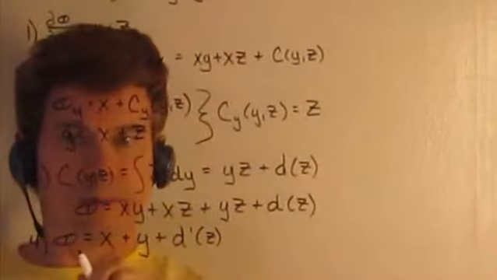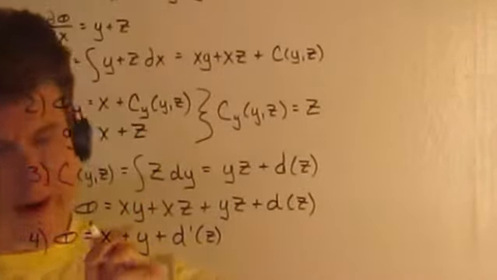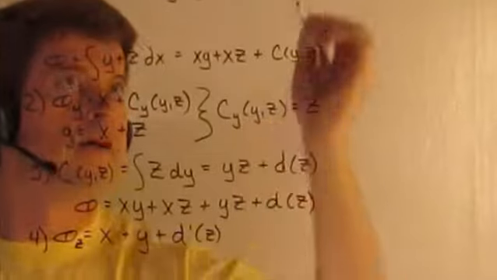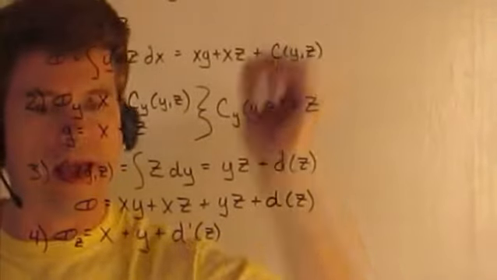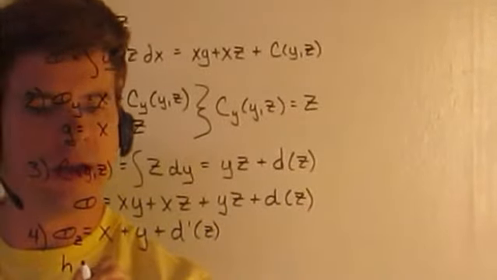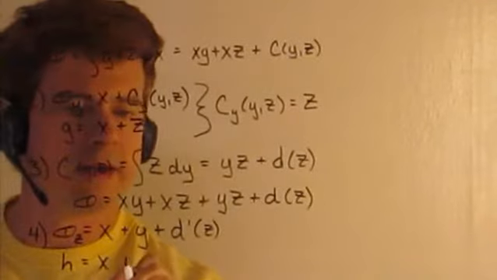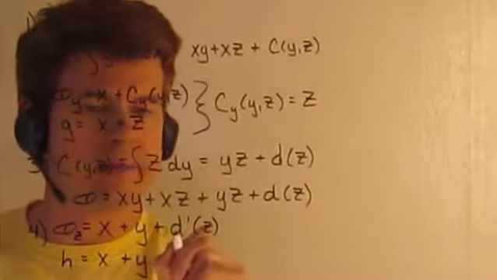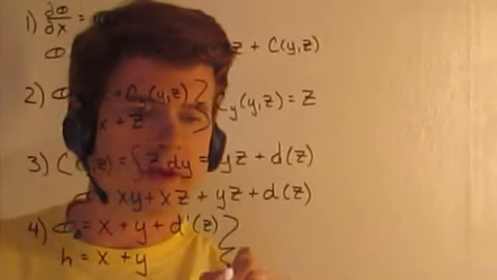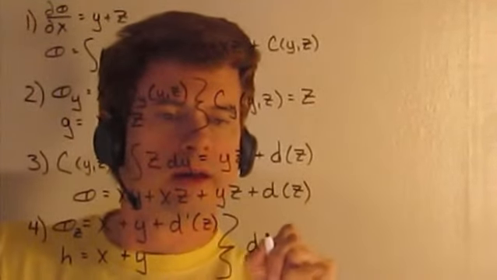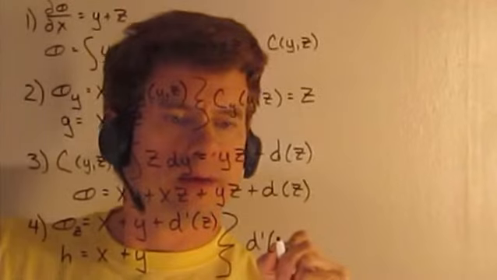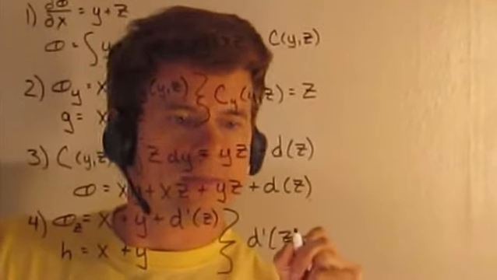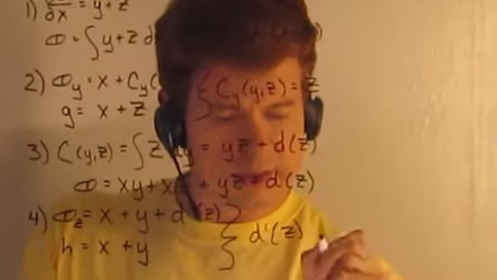Now we compare this z derivative up here with the h. Remember the h was equal to just x plus y. Since these two are supposed to be equal, the only way this is going to work is if d prime of z is equal to 0.